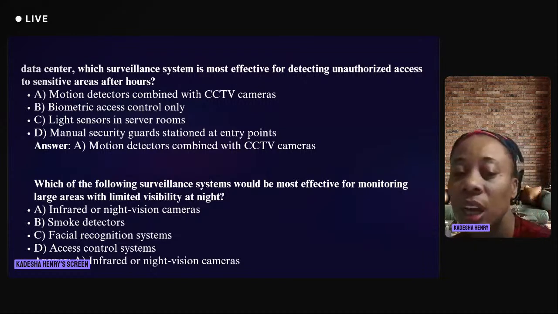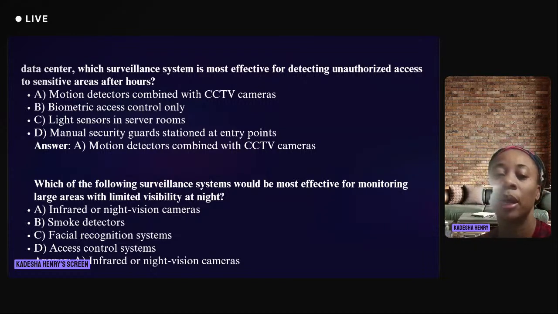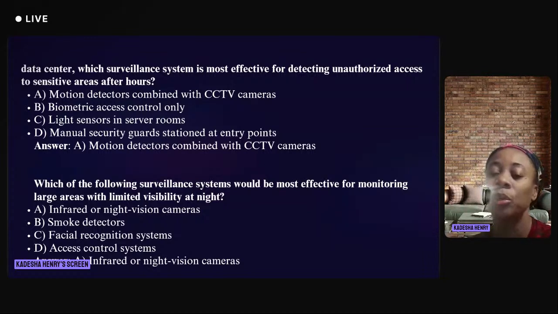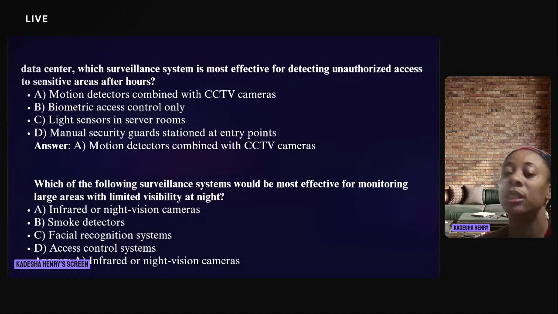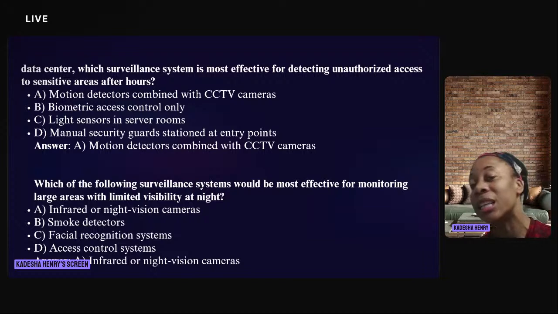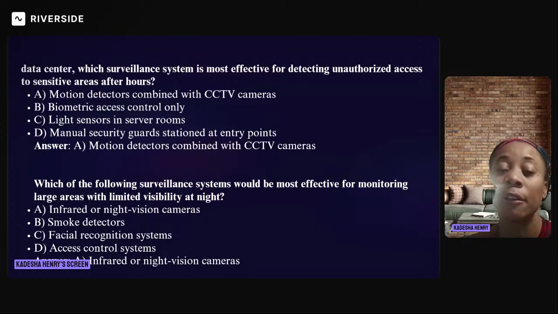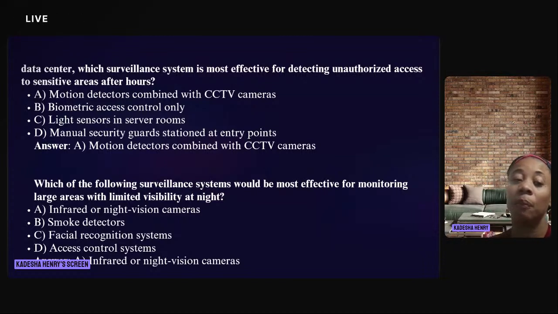D, manual security guard stationed at entry point? And because it is to detect unauthorized access to sensitive data after hours, we would use motion detectors combined with CCTV cameras, right? Because these are after hours and they give you live update of what is happening. And so that's why we would use it after hours, because it triggers, it alerts, and then you can always call law enforcement to get there before you can.